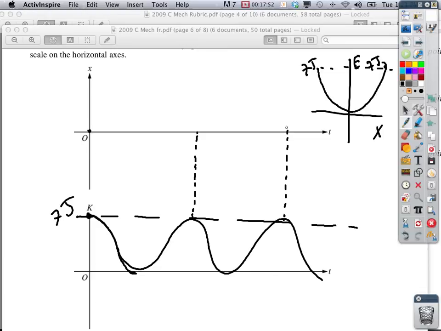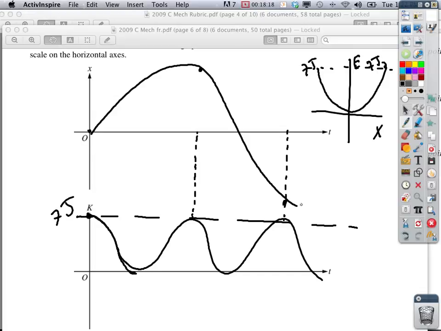Yeah, they have to be connected. Because whenever kinetic energy is 0, that's at one of these maximum displacements. So this maximum displacement is there, and this maximum displacement is there. So it's like this. That's terrible, but you get it.